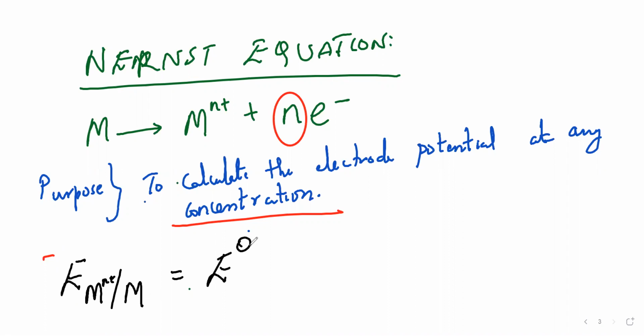How do I identify the standard electrode potential? By the zero symbol, the E naught symbol. That's it, E naught of M^n+ bar M.